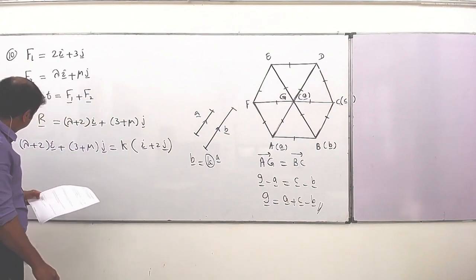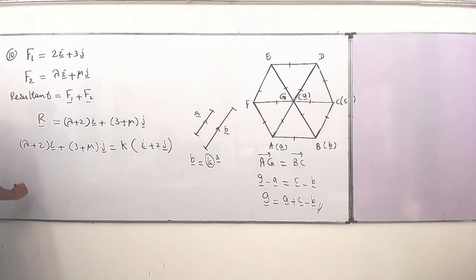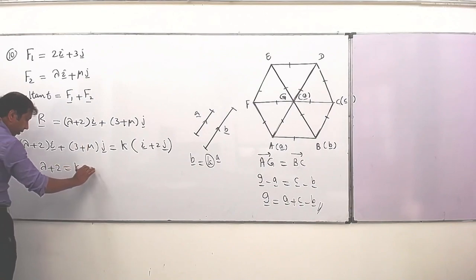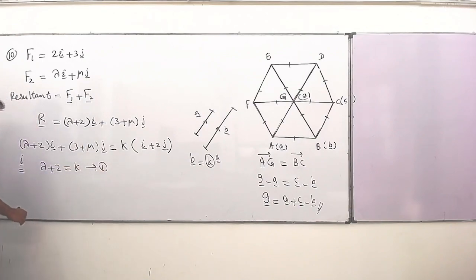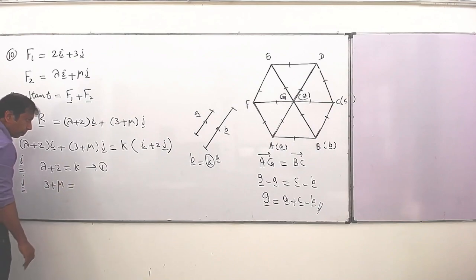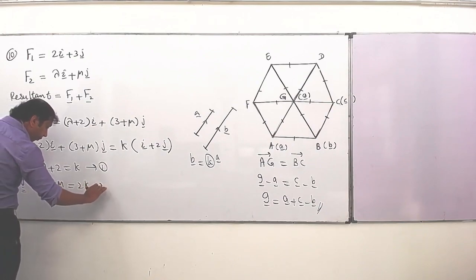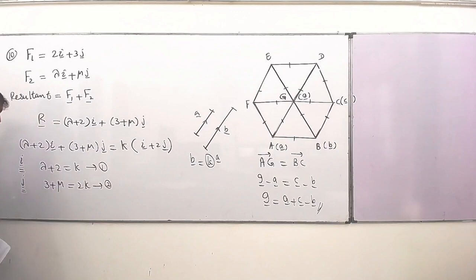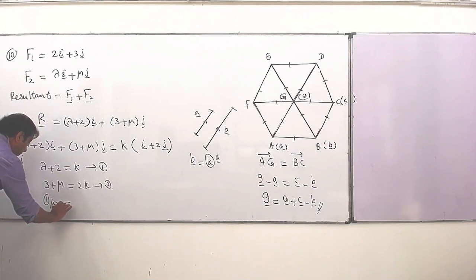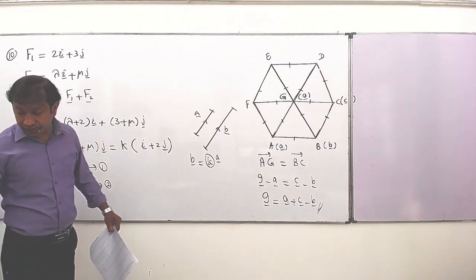Then what is asked in there? To obtain this, we'll equate the i coefficients both sides. Here lambda plus 2, there k, number 1. j coefficients, 3 plus mu, 2k. Right. Now by dividing this one by 2, we get the required answer, first answer.